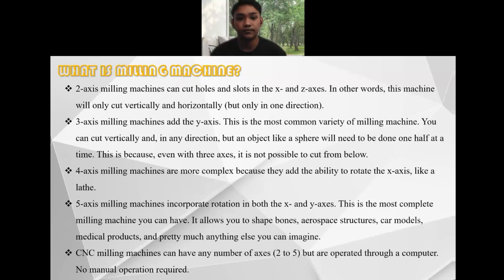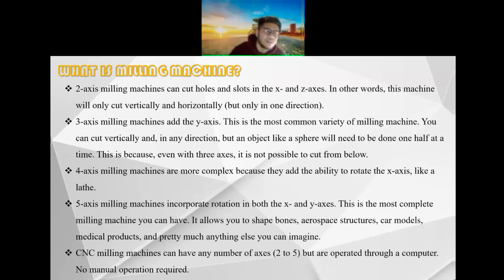Okay, what is a milling machine? Firstly, a two-axis milling machine can cut holes and slots in the X and Z axis. In other words, this machine will only cut vertically and horizontally, but only in one direction. And for a three-axis milling machine, there is also the Y axis.